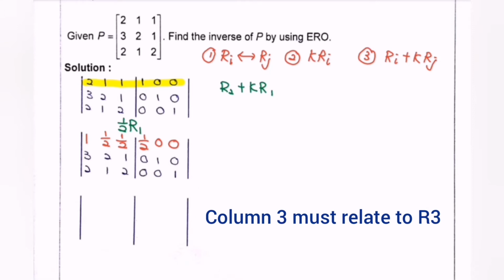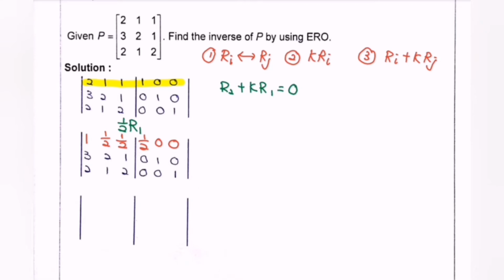And for the third column, we refer to row number 3. Kindly substitute, and it must equal 0, because according to the identity matrix, A21 is 0. So we have 3 plus k times the entry of row number 1 in that column, which is the 1. Rearranging, k is equal to negative 3. So we have row 2 minus 3 times row 1.